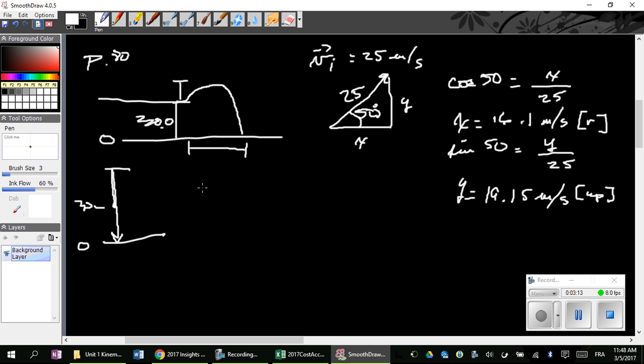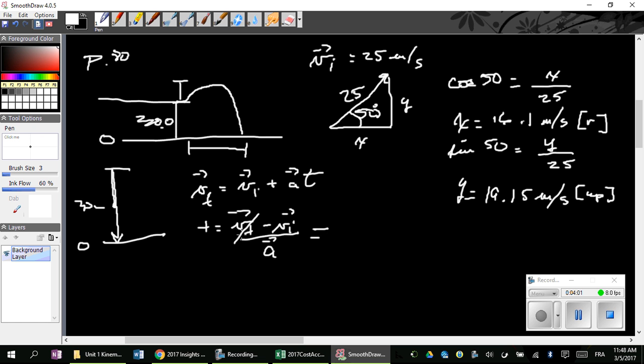Go to my equations. If I use the second one, V final is V initial plus A T. So we're trying to find T. T is V final minus V initial over A. If I plug that in, V final here is 0, so that's okay.